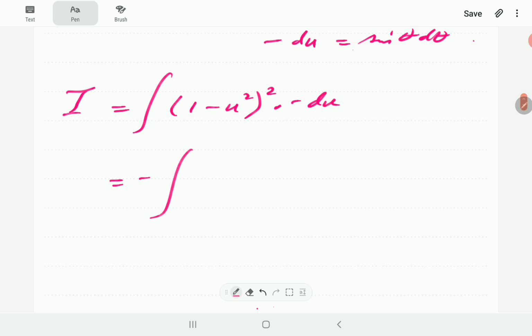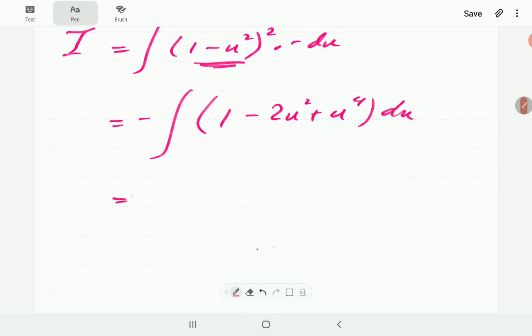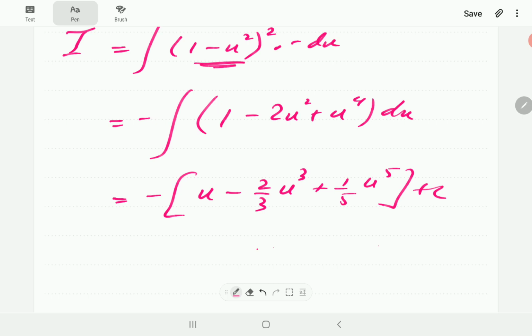So this thing is going to be negative of, if we expand this, we're going to get 1 minus 2u squared plus u to the power 4. And so integrating this is going to give us u minus 2/3 u to the power 3 plus 1/5 u to the power 5 plus c.